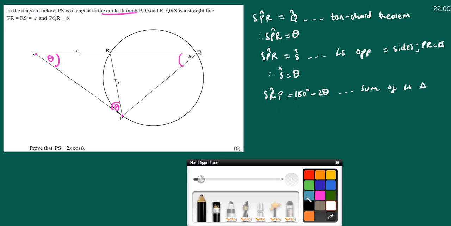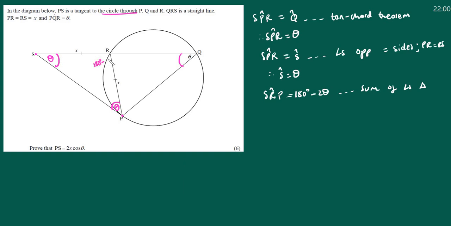So this one here will be 180 minus 2 theta here. Perfect. Yeah, so what do they want? They want PS, right? Where is PS? Here it is. Good people, looking at SRP, what rule are we going to use?